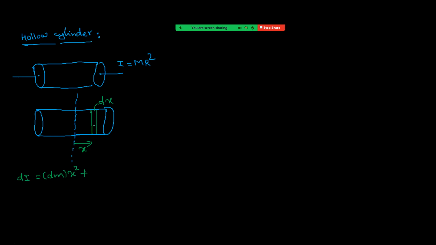For a ring, about a diameter, its I value is dm into r square by 2. Like this, we have to consider all rings from x equal to 0 to L by 2 and 0 to minus L by 2. Then we have to integrate. So I equal to integration of dm into r square by 2 plus dm into x square.